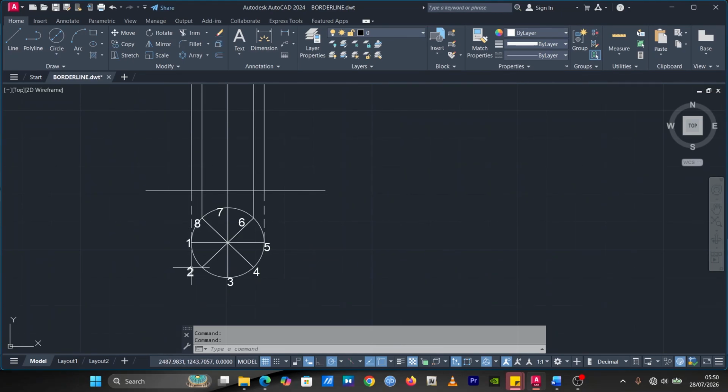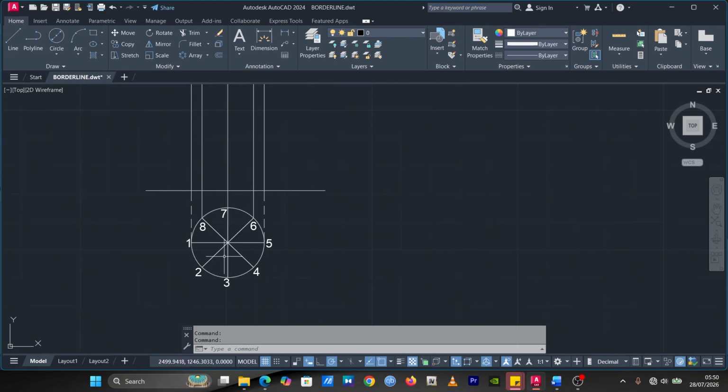We are going to have our 1 here, 2 to meet this line. We're going to have our 3. Okay, so we are going to have something like this.